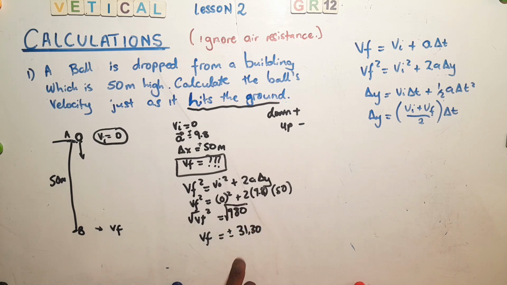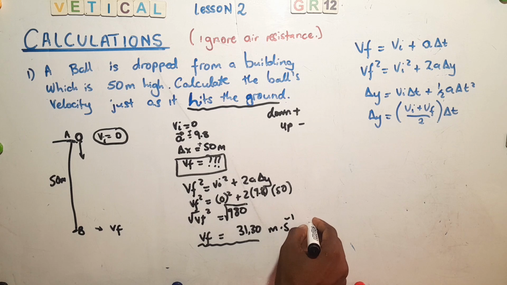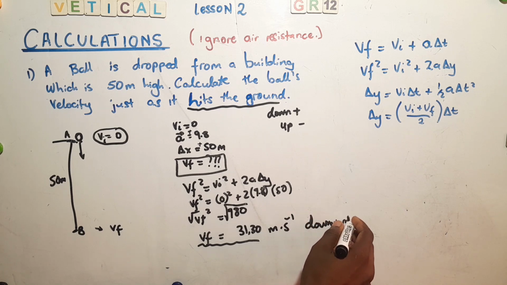But since this thing is going downwards at that moment, our final velocity will be plus 31.30, which is the same as 31.30 meters per second downwards. So that's how we can calculate that.